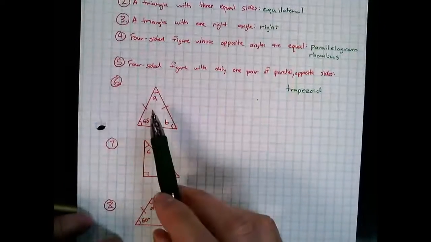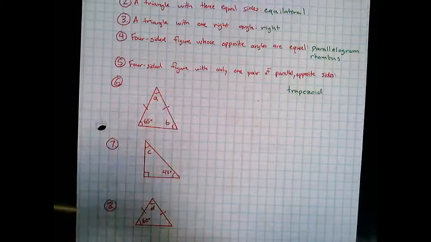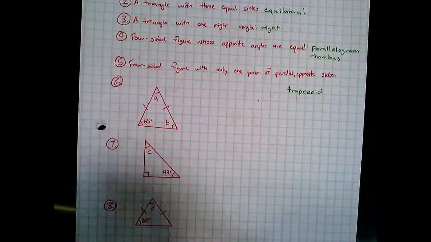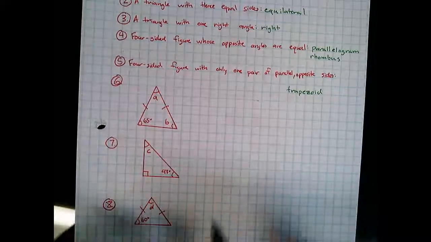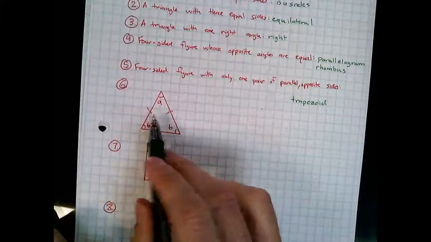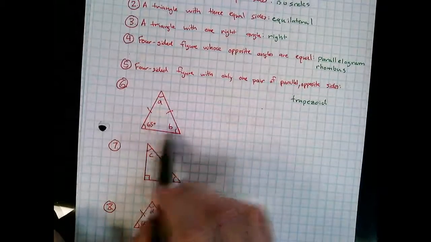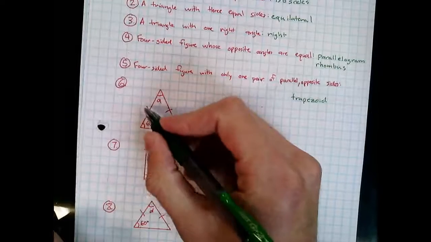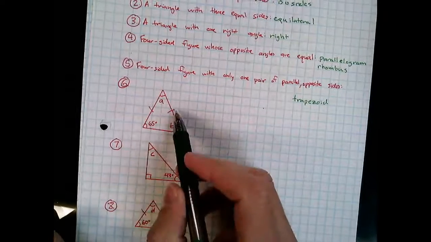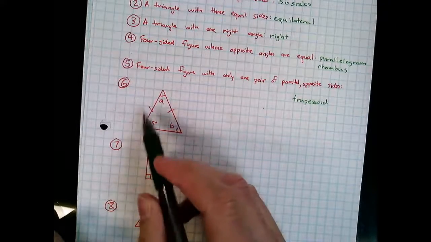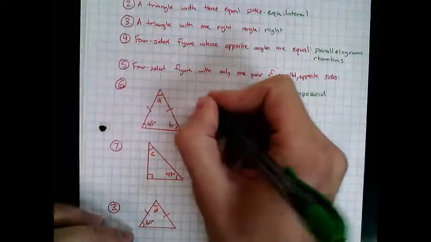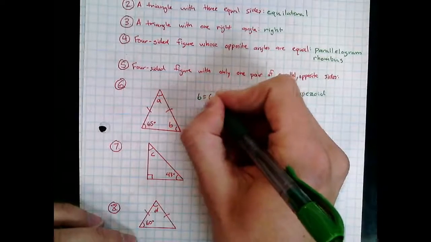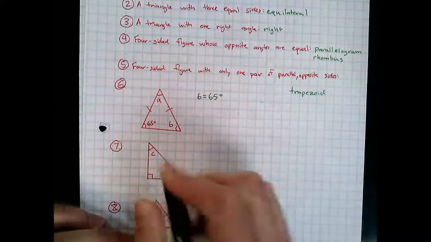Now in this section, we need to identify the triangle in two different ways after identifying the measures of the different angles. This one we can see from this that these two angles are equal to each other. Because remember, in isosceles, a triangle with two equal sides, angles opposite of the equal lengths are equal to each other, which means B is equal to 65 degrees.